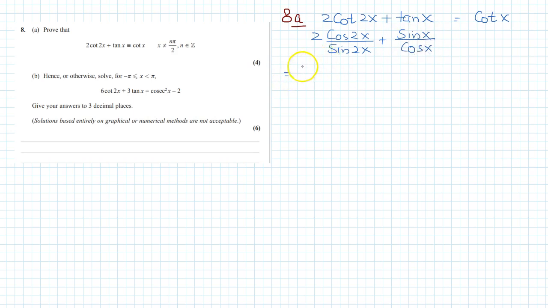So this is equal to 2 cos 2x over, sin 2x is 2 sin x cos x, plus, I don't have a 2 here, I don't have a sin x here.